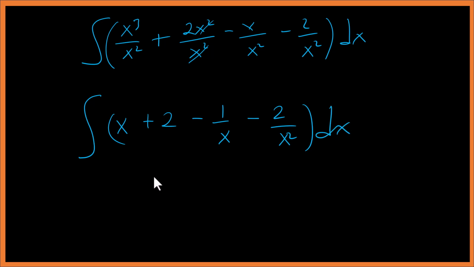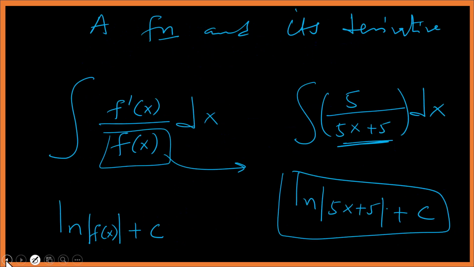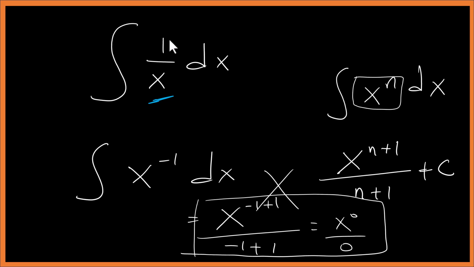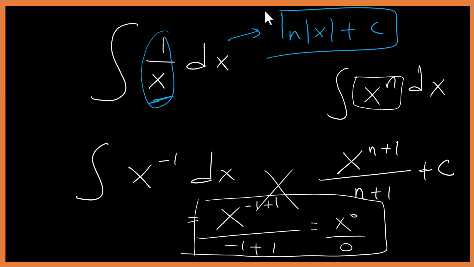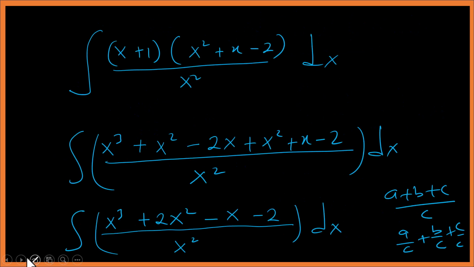Now remember we have 1 over x here, that's our target, 1 over x. Having 1 over x, per the definition, will be the natural log of the absolute value of the denominator plus c. So let's check that.